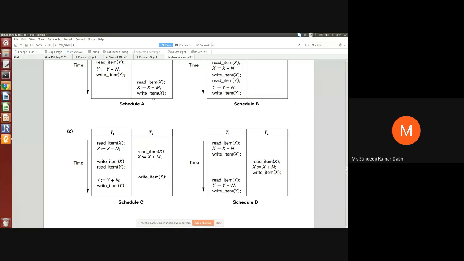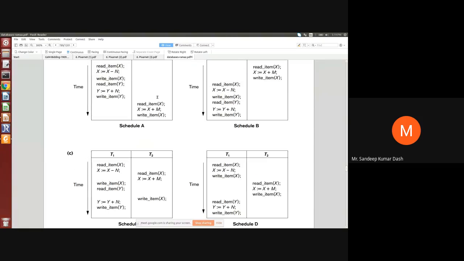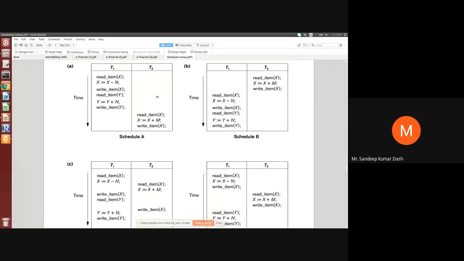Even if serial schedules always produce the right result and take the database from one consistent state to another consistent state, they still consume more time. That will make the resources of the database wait when there are a lot of transactions. So it will consume a large amount of time.